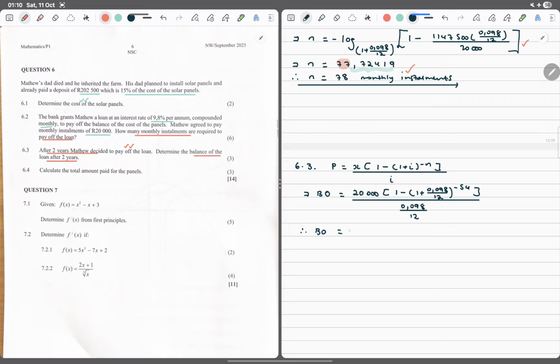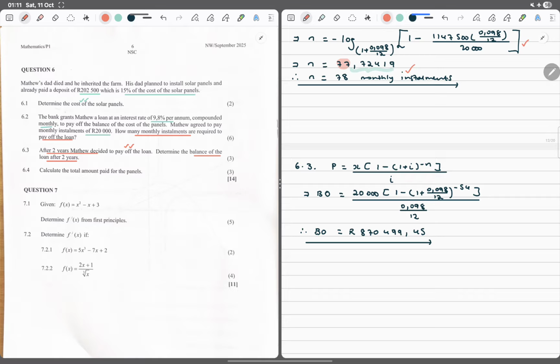All right, so we get a balance on the loan of 870,499 rands 45 cents. So money is to 2 decimal places. So this is the amount that the man still holds from the bank. But remember, this one is without interest at this point in time. So if he pays it back, he pays this without interest. That's if the bank allows him.